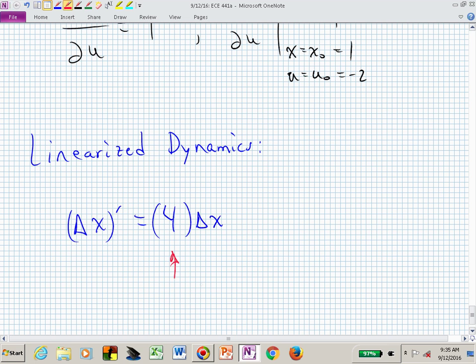This in parentheses was just our partial of f with respect to x evaluated at x equal x naught, u equal u naught, plus what was the partial of f with respect to u evaluated at those nominal values. That was 1 times delta u.